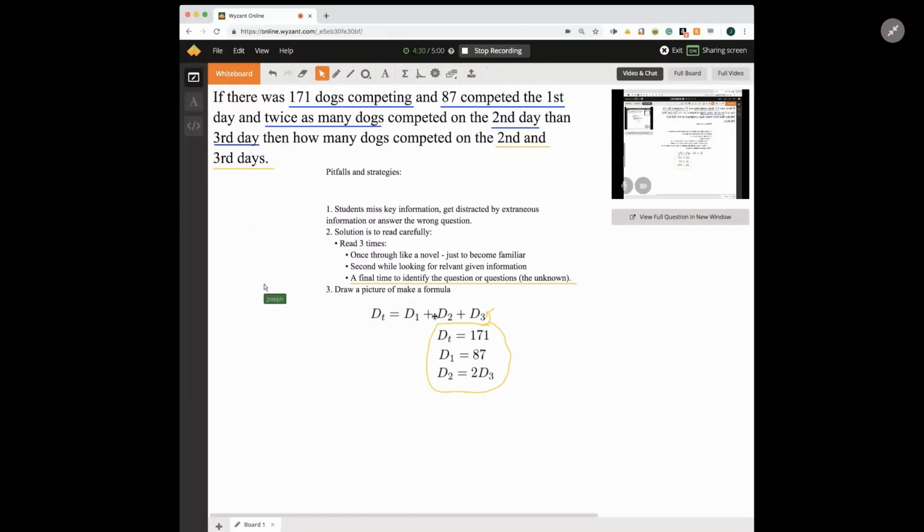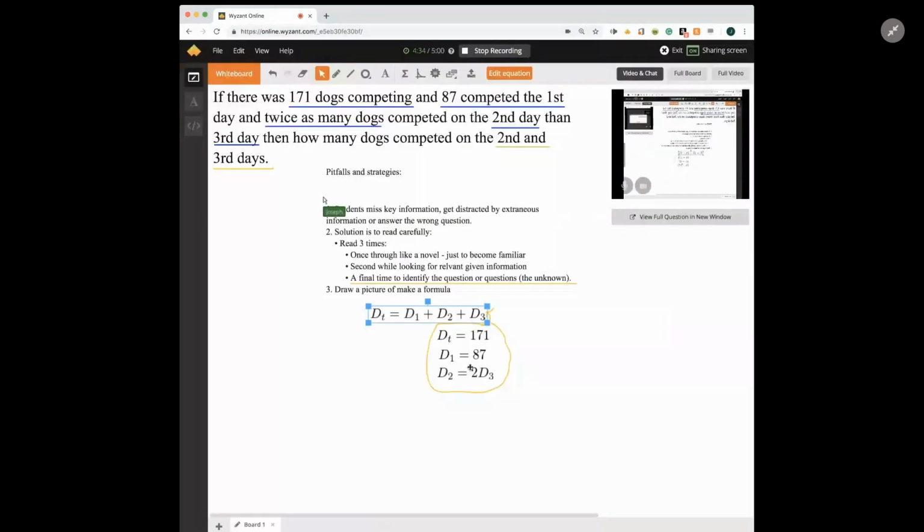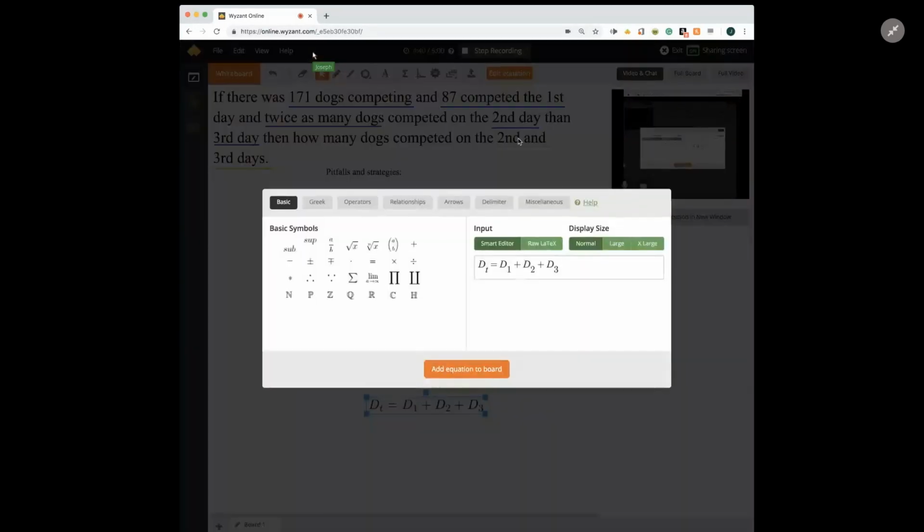So I'm going to grab that, copy it, paste it, and then I'll edit it so that we don't lose track of where we were to begin with. The first thing we know is that the total number of dogs is equal to 171. We also know that on day 1, there were 87 dogs. And we know that day 2 is the same thing as twice day 3.